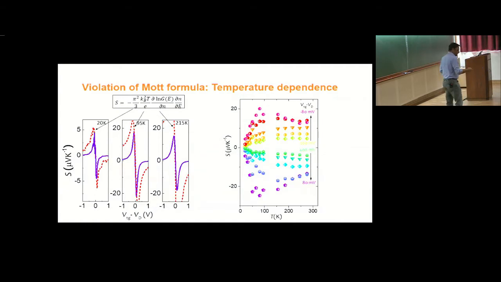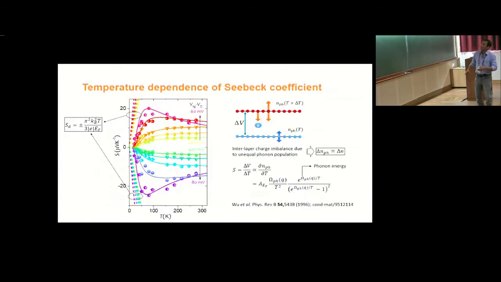Now it turns out that this saturation can be quite nicely fitted with the derivative of the Bose-Einstein occupation number, which gave us the idea that possibly this is a phonon drag effect, in which your hot layer has a larger number of phonons which kick the electrons out of the layers, setting up a voltage difference between the two layers.